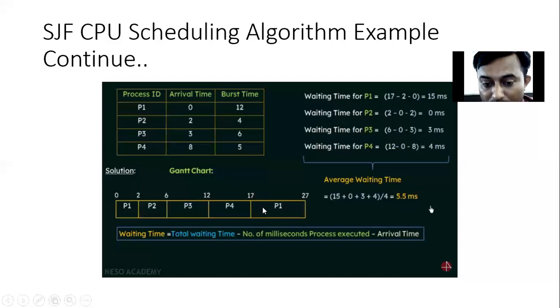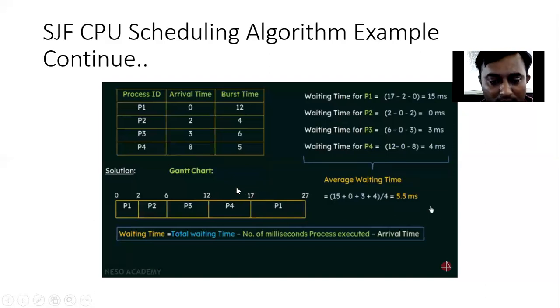But before considering this value as the final waiting time, we need to check whether P1 was executed previously. If P1 was executed previously, we need to consider that value also, and it needs to be subtracted from the total waiting time.